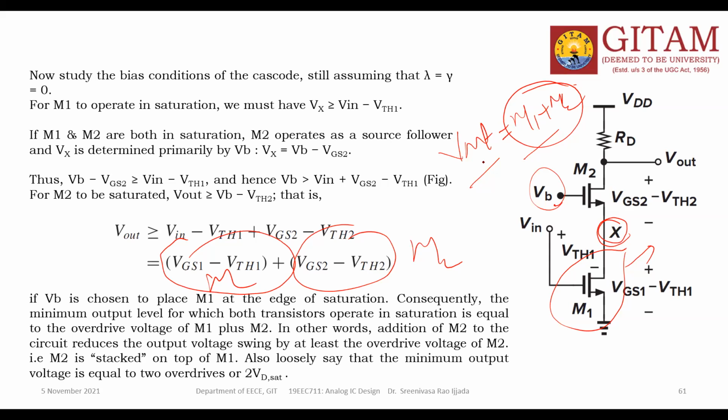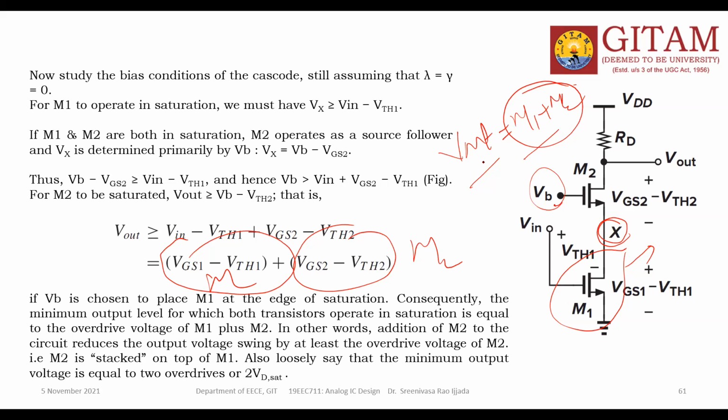The input voltage produces the output voltage, based on the input supply. The minimum output voltage required to keep both transistors in saturation is simply the sum of each overdrive potential. I don't want to repeat this once again.